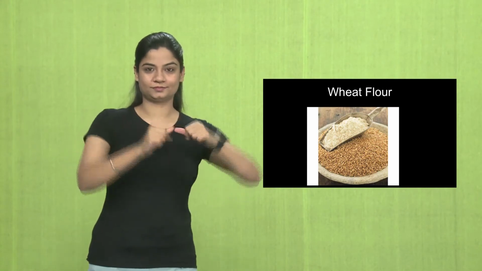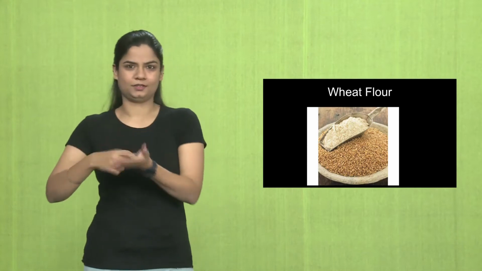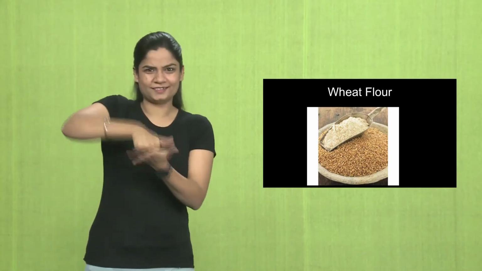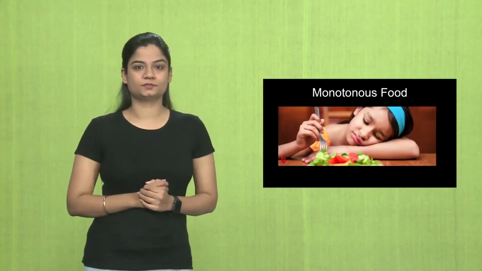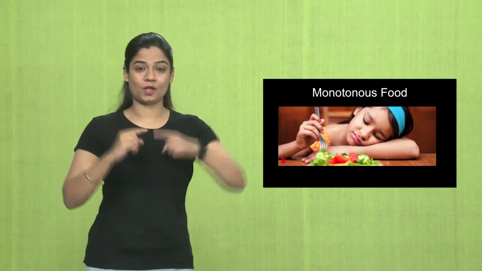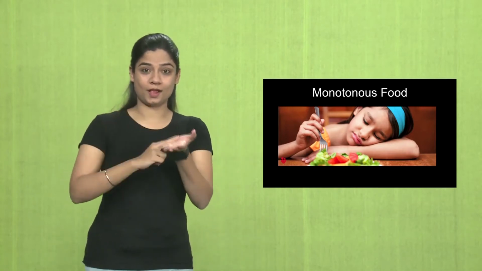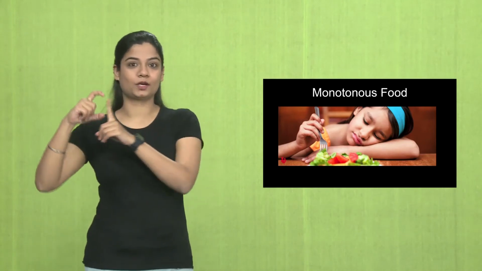Wheat flour is made of grinding wheat for human consumption, atta. Monotonous food. Food lacking in variety and interest. Something you get bored of eating, you don't have interest in eating that kind of food.